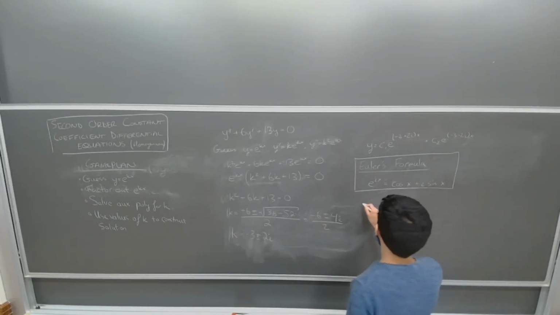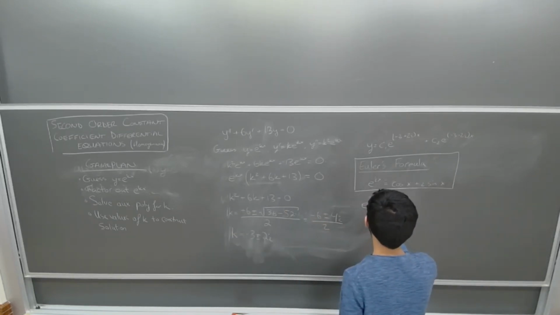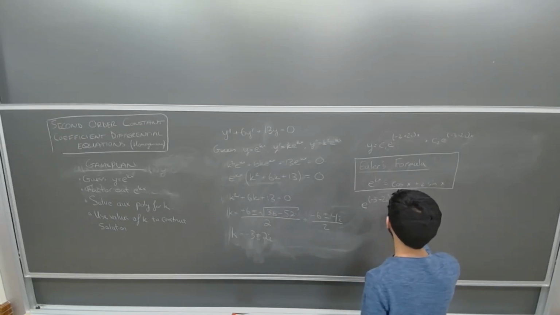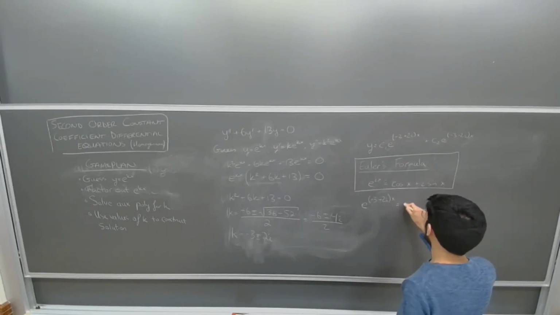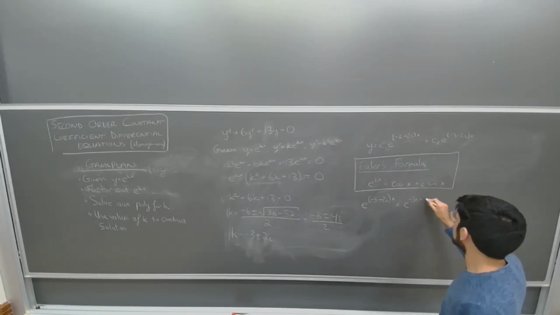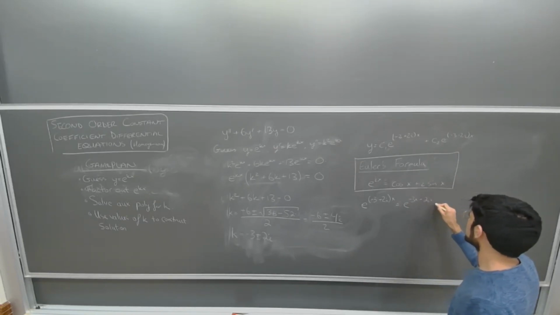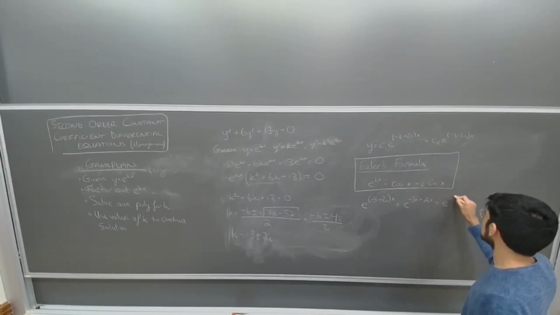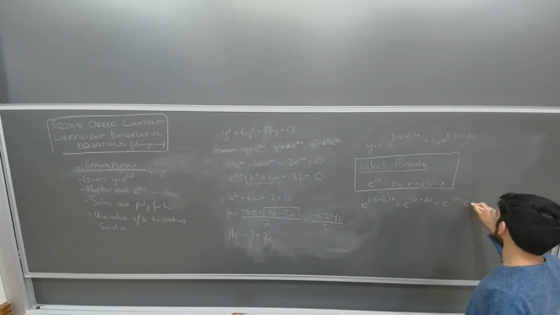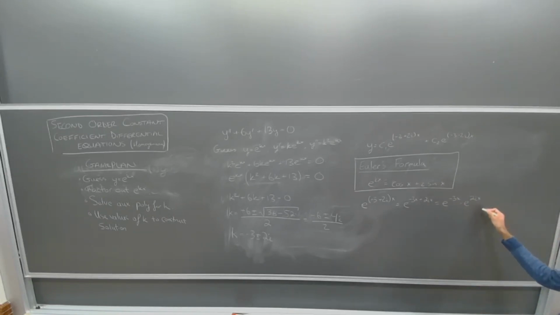Well, let's consider e to the negative 3 plus 2i x. That can be rewritten as e to the negative 3x plus 2ix, or equivalently e to the negative 3x times e to the 2ix.